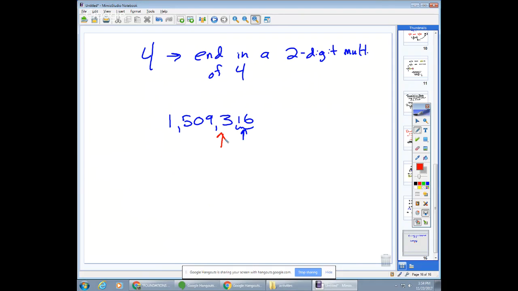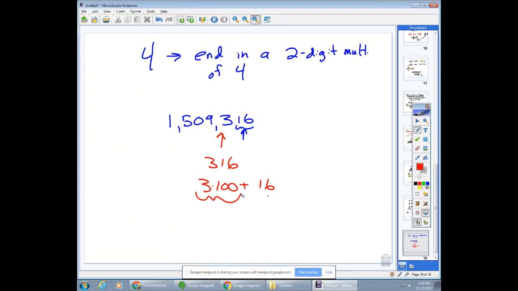So if I just focus on 316 for a minute, 316 is 3 hundreds plus 16. Now, I know 4 goes into 16. Does 4 go into 3 times 100? And the reason it does is because 4 goes into 100.